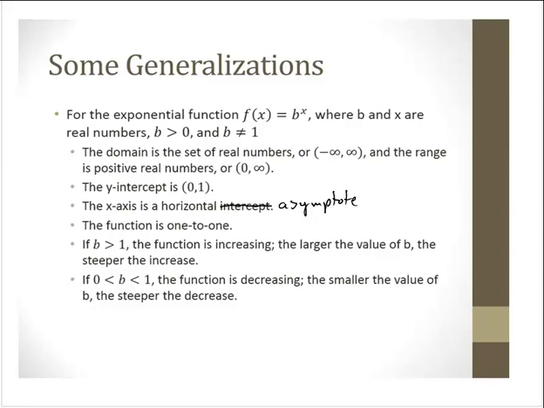The function is 1 to 1. We can see that by applying the horizontal line test. If the base is greater than 1, the function is increasing, and the larger the value of b, the steeper the increase. If the base is between 0 and 1, the function is decreasing, and smaller values of b produce steeper decrease.